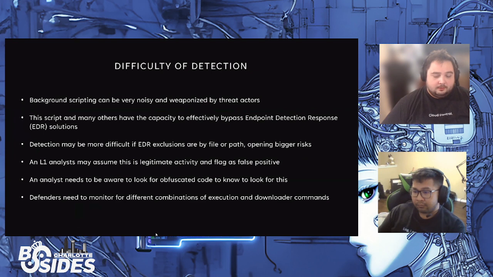And if you have exclusions, this can really open up bigger holes. That's why we try not to exclude by file path, right? Paths are terrible. You should do it by hash. And then the other thing is we're really targeting the analyst here. We're trying to get around the human element of these attacks, right? Because eventually someone has to look at this if it doesn't get blocked.